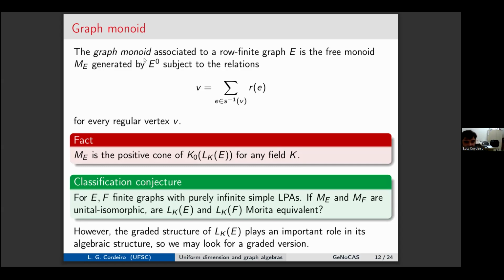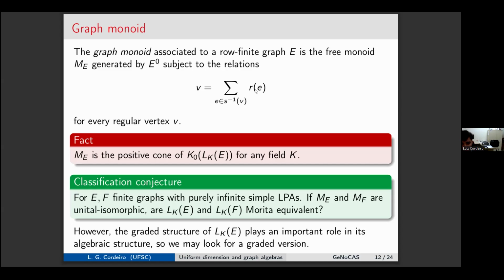And so we can describe the K-theory of the Leavitt Path algebra just looking at the geometric properties of the graph itself. And that is the construction given by the graph monoid associated to a row-finite graph. So the graph monoid associated to a row-finite graph E is the free monoid generated by the vertices of E, subject to the relation that every vertex is equal to the sum of the vertices which are directly connected to it.